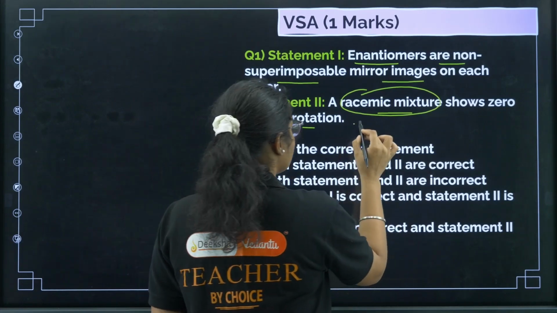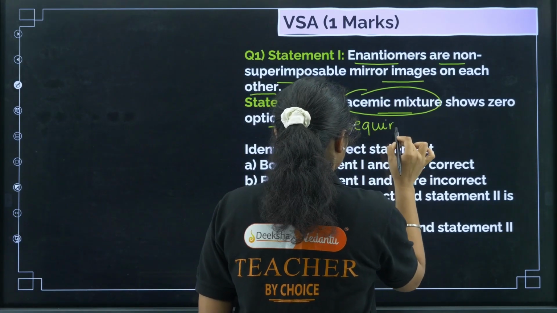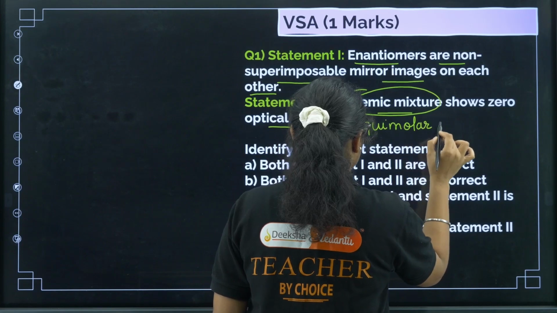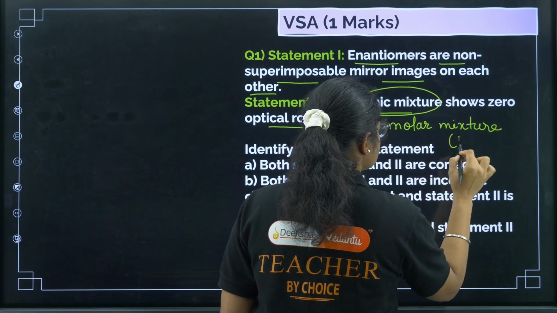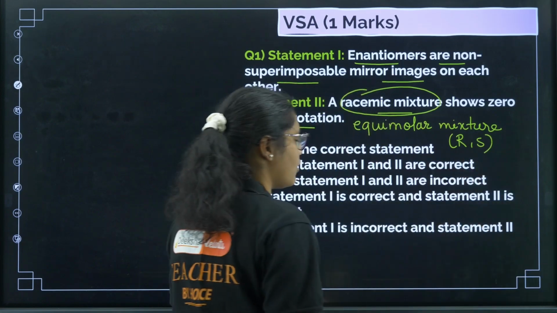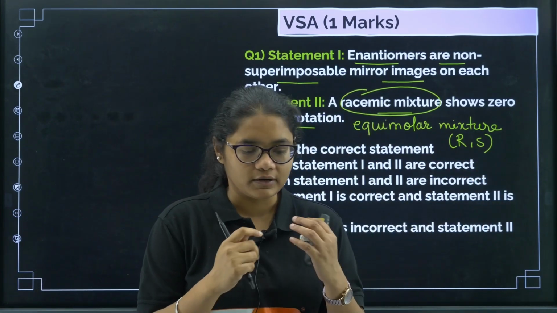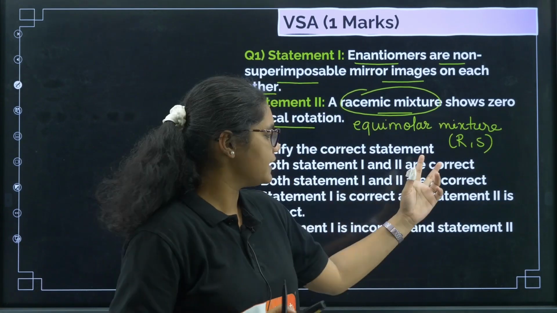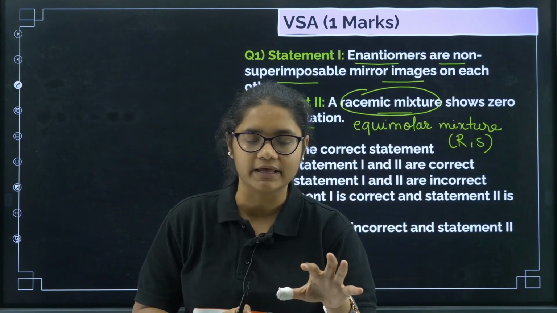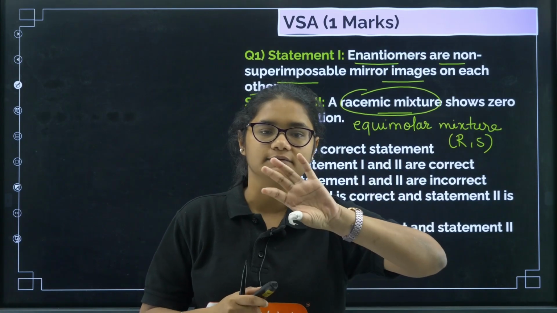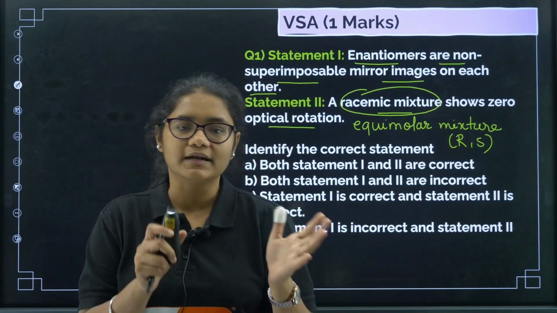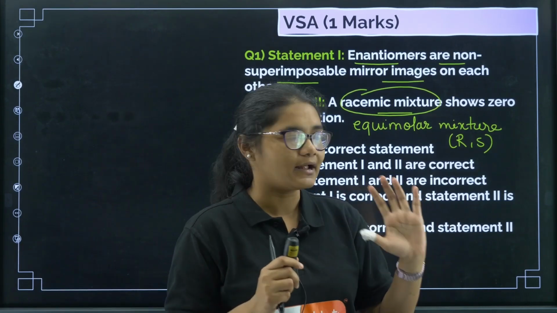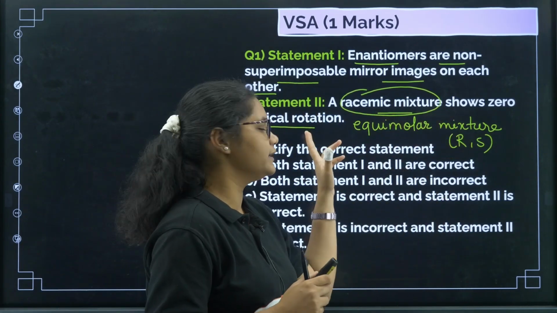It is an equimolar mixture of both, suppose R and S configuration, or you can say dextro-rotatory and levo-rotatory. R and S in equal composition will be there. If one component rotates towards the right, the other component will rotate towards the left, so the net rotation is 0, and that is why racemic mixtures are optically inactive.